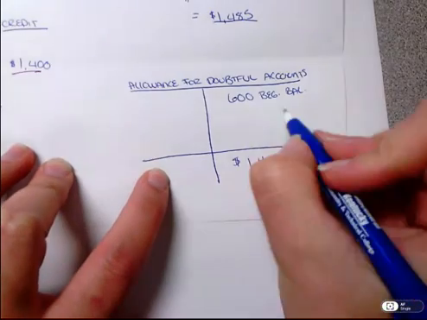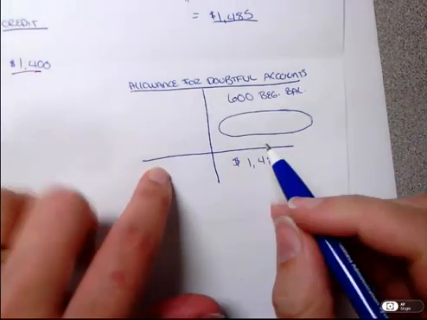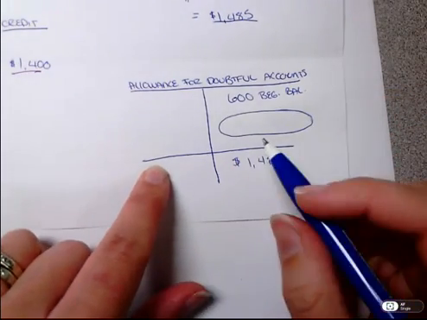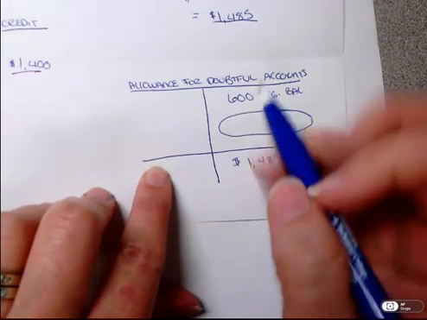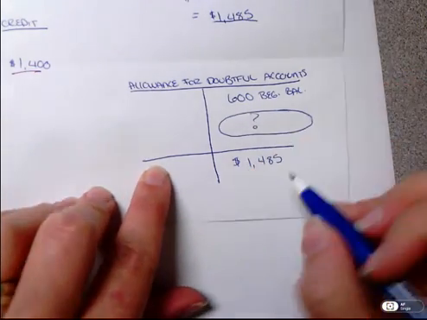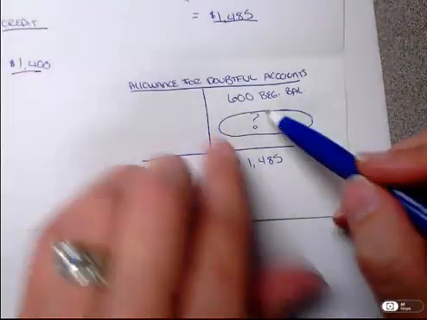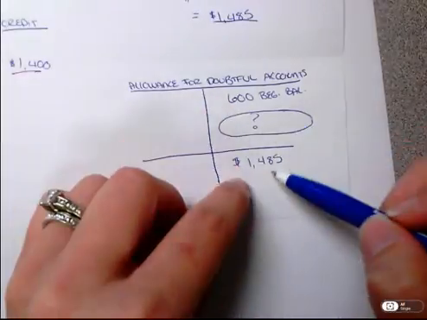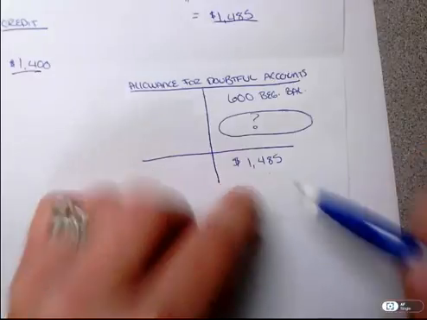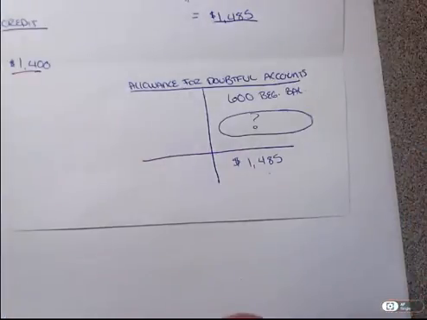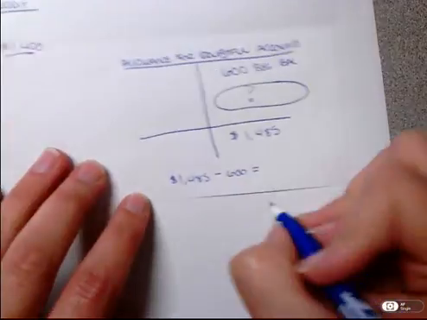So the entry we need to make, the adjusting entry, is not as easy as the one we did before where we just make a journal entry for the estimate. This time we need to find the difference between the two. What do we need to add to 600 to get to 1,485? We need to add to it $885.